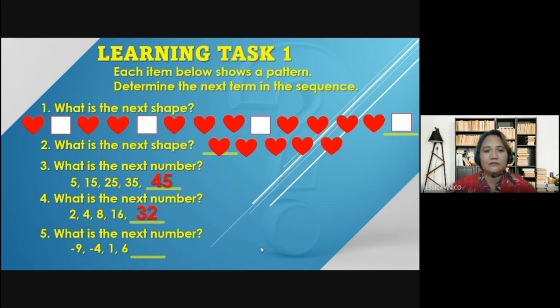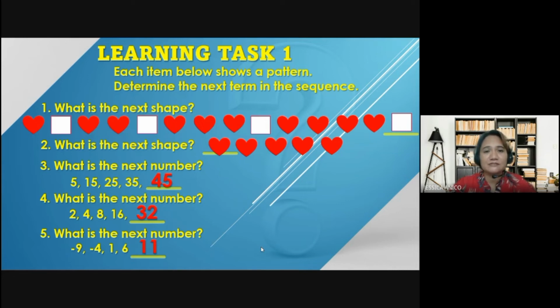Let's proceed to number 5. So, what is the next number? We have negative 9, negative 4, 1, 6. If your answer is 11, you are correct. So, this time, we add 5 from the first term. We have negative 9 plus 5, that is negative 4.